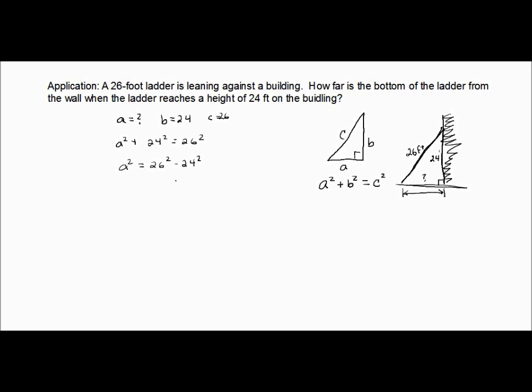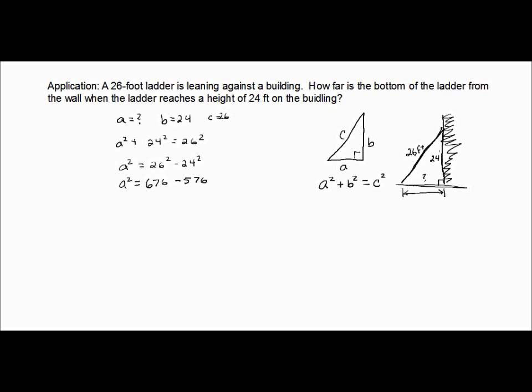Well, 24 squared, 24 times 24, gives us 576. So we're going to subtract 576 from the square of 26. And if we take 26 times 26, we get 676.